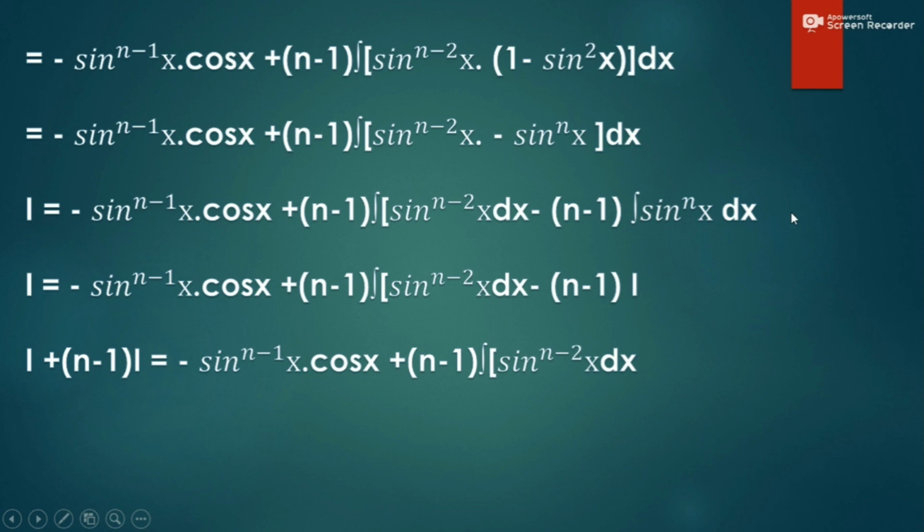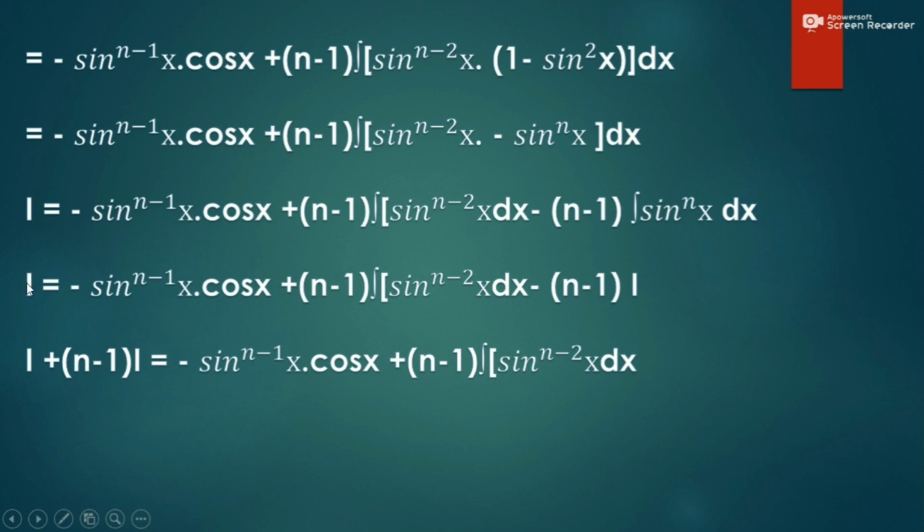That means firstly we consider equation number 1, that is I is equal to the integral of sin raised to n x dx. So we can replace the integral of sin raised to n x dx by I from equation number 1.